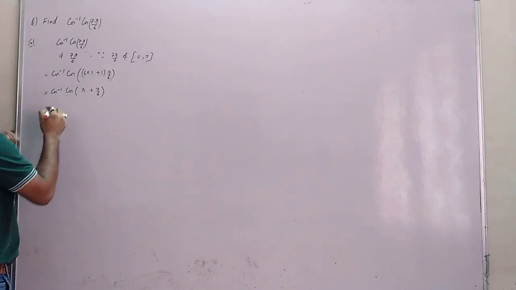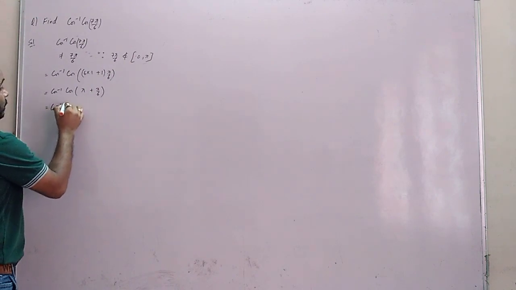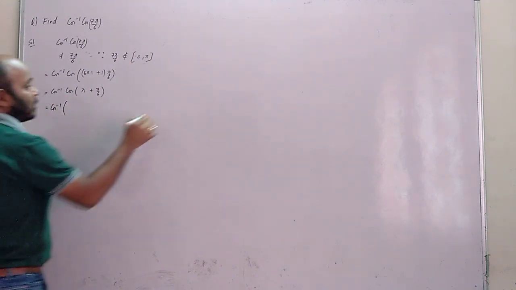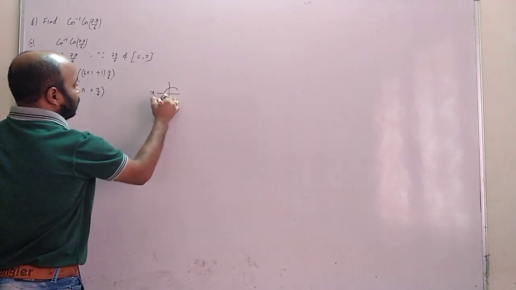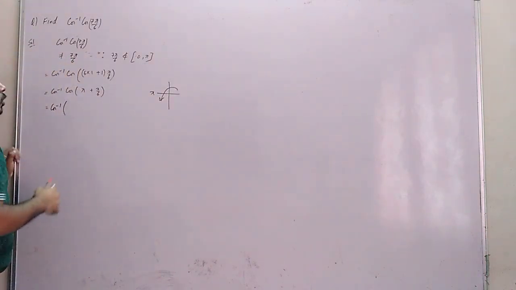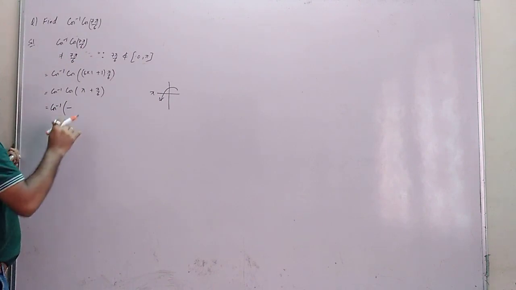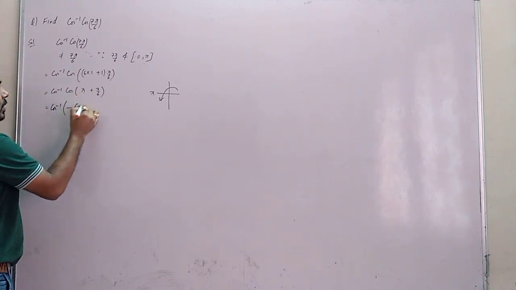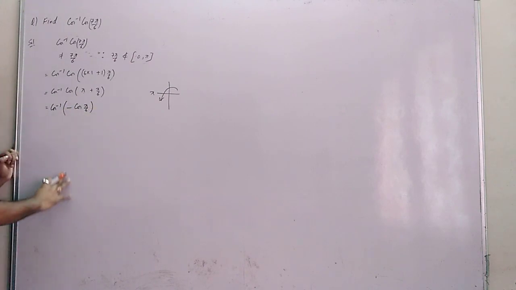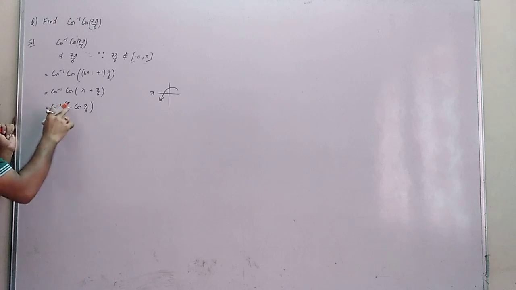Now see here, cos inverse of cos pi plus belongs to the third quadrant. In the third quadrant cos is negative. Now pi is unchangeable. Cos will remain cos pi by 6. Now can we apply the formula here? No. Why not? Minus sign is there. So we have to remove this minus sign.